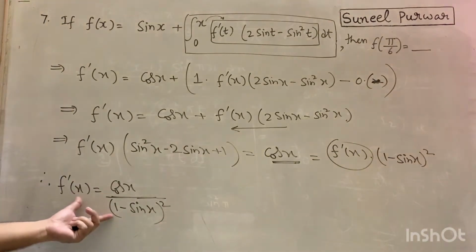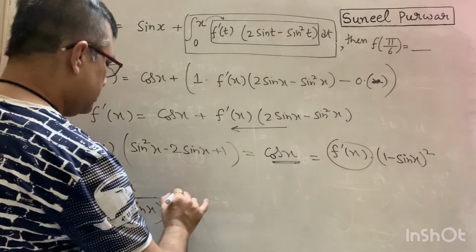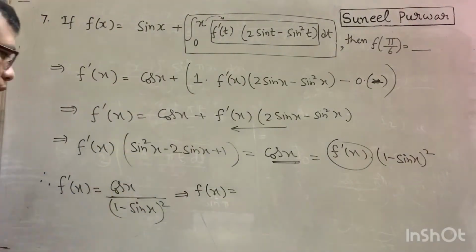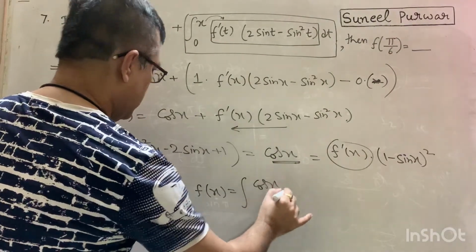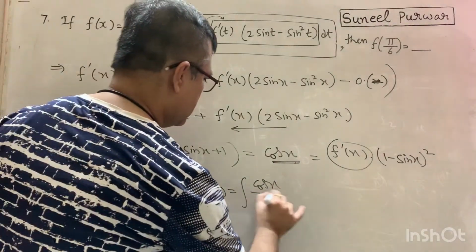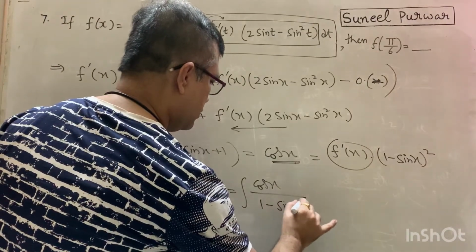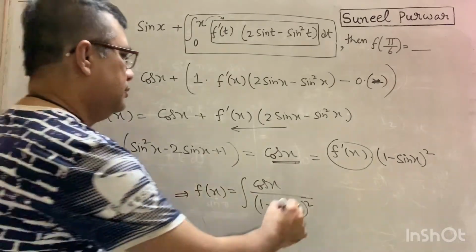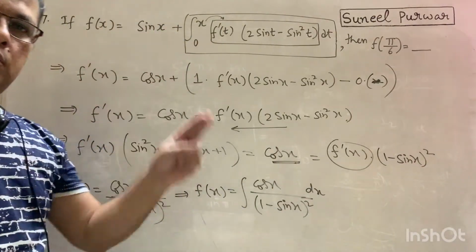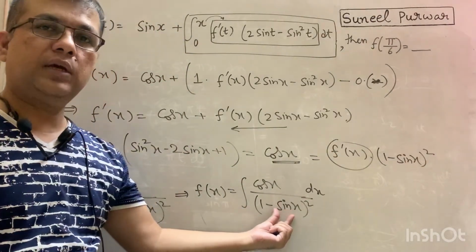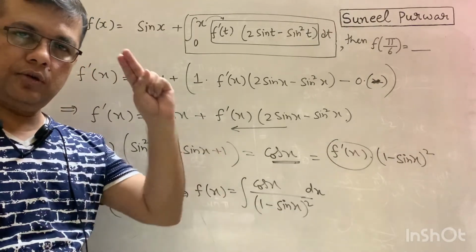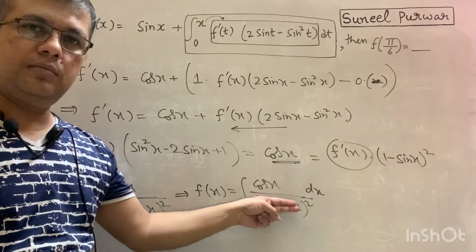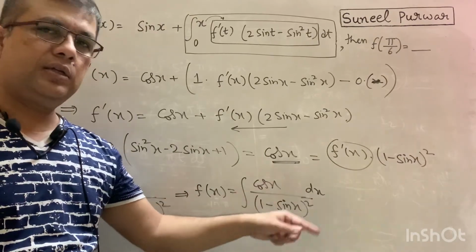Now integrate both sides. So f of x is equal to this integral, which you can quickly accomplish by taking the substitution 1 minus sin x as t in your mind. So 1 minus sin x is t, so minus cos x dx will become dt.